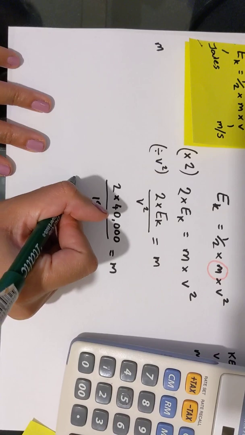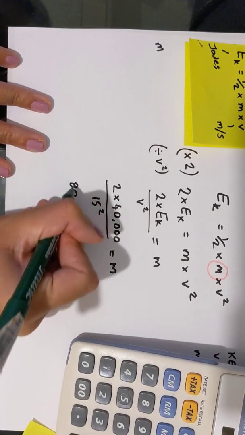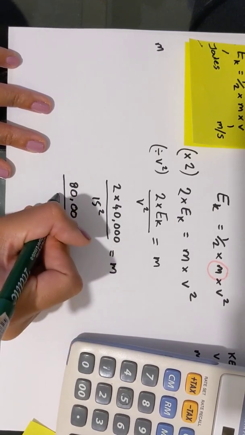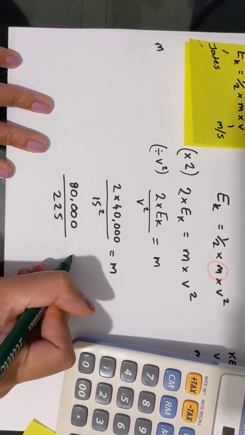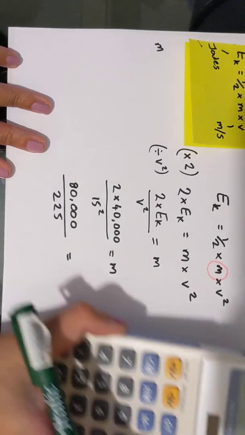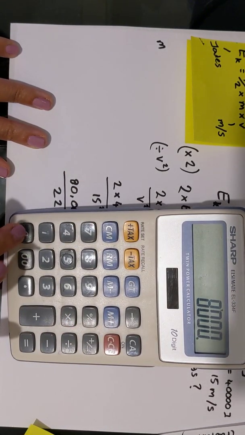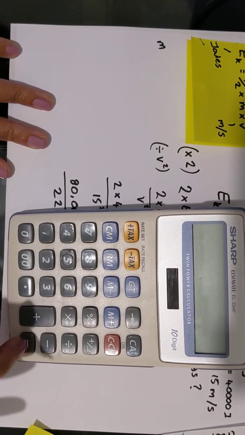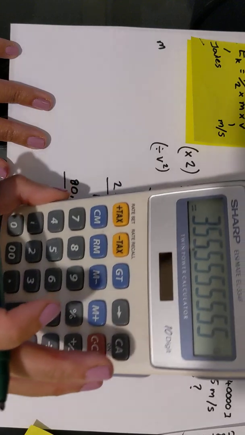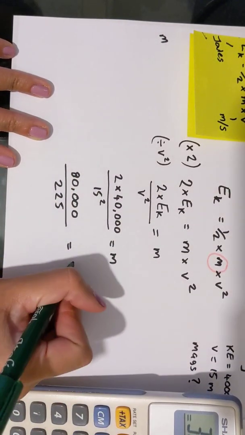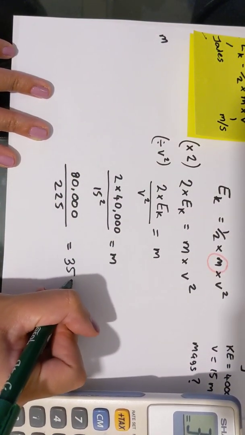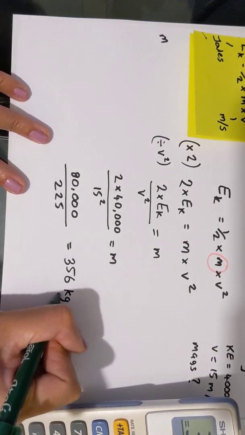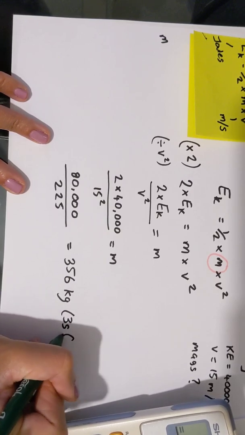So we're going to have 80,000, because that's 2 times 40,000, so 80,000 divided by 225 equals our mass. So 80,000 divided by 225 equals 355.55555, so 356 kilograms, and that's to 3 significant figures.